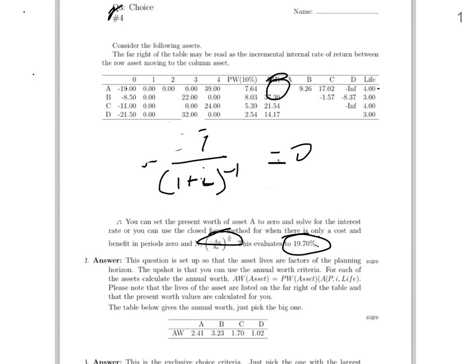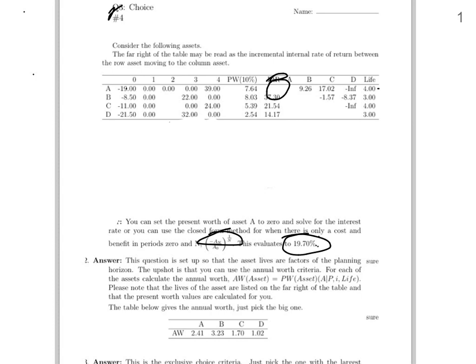Now, question number 2 is about which asset you would choose when you have to provide 12 years of service with these assets. The presumption is that you can buy one of, say, asset 1, let it burn out, get another one, let it burn out, get another one. So what you're really looking at here are a bunch of annual worth calculations. How you calculate annual worth is pretty easy. You take the present worth that's already calculated for you.